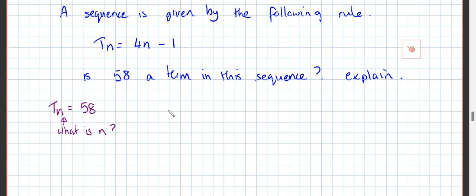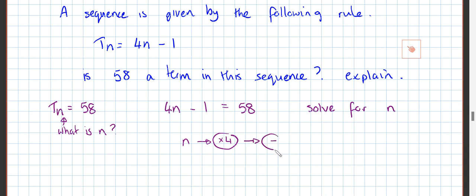So we're then saying 4n subtract 1 has to equal 58. And we are going to do what we call solve for n. And I gave you some work on function machines to help us with this. So basically, what do we do? Well, we would take n, multiply n by 4, then subtract 1, and the answer would be 58.